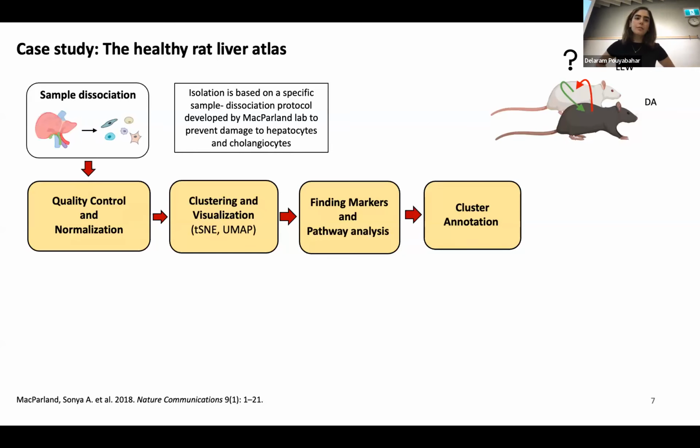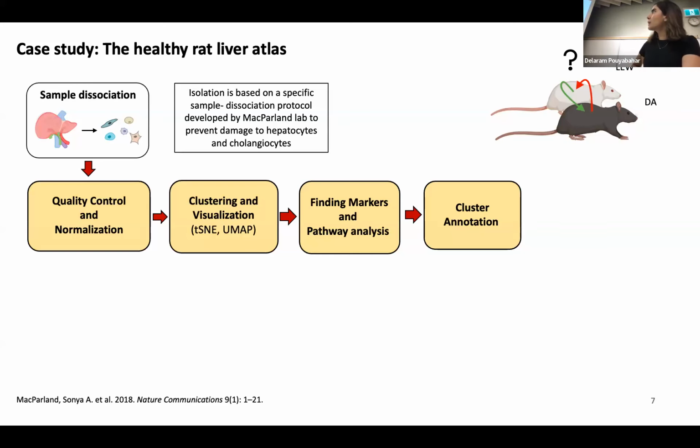So the case study that I'm going to talk about is the Healthy Rat Liver Atlas. In collaboration with McFarland Lab at UHN, we were trying to generate the first Healthy Rat Liver Atlas. The reason that we were interested in this map was that rat is used as a transplantation model.